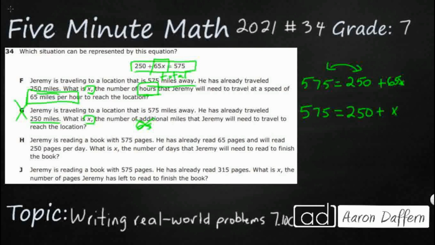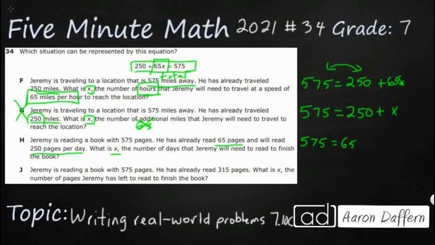H. Jeremy is reading a book with 575 pages. Looks like that will be our total. So we can go and put that there. He has already read 65 pages. Okay, that looks almost like that. He's already traveled the 250 miles is what that reads like, 65 pages. And we'll read 250 pages per day.